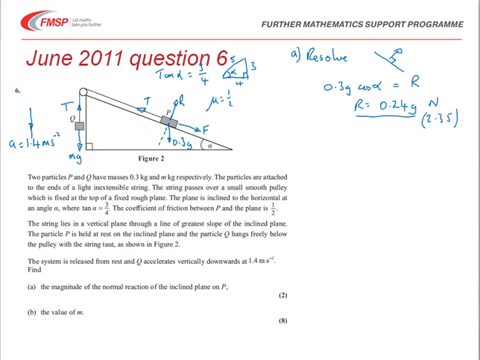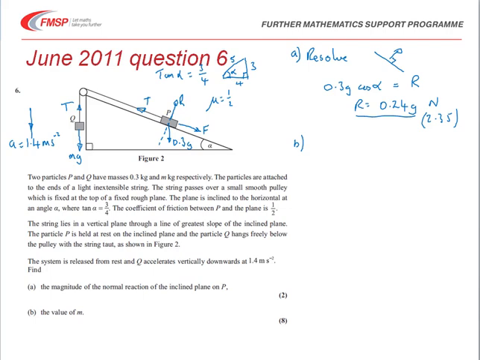For the second part of the question, then we need to find the value of M. This is going to be a case of using F equals ma, Newton's second law. So we could write down a single equation for the combined system. That would eliminate T from our equation.